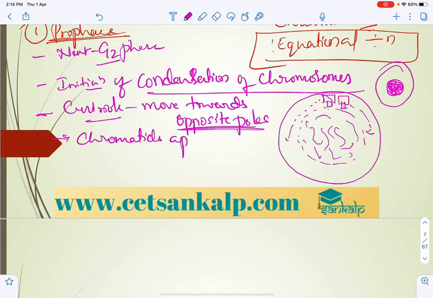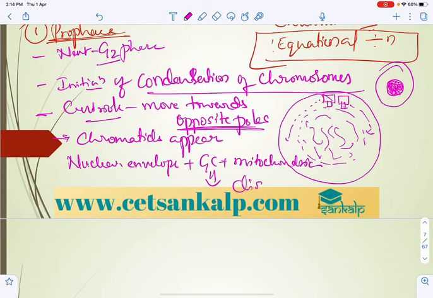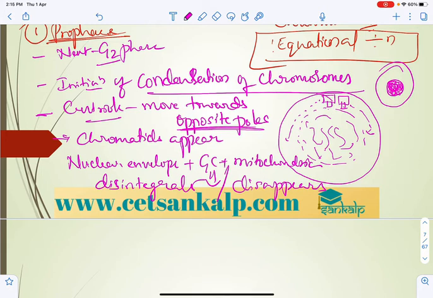The nuclear envelope, Golgi complex, mitochondria and all those organelles disappear, disintegrate or degenerate. We can say the Golgi complex, endoplasmic reticulum, nucleolus and the nuclear envelope, that is the nuclear membrane, all degenerate.